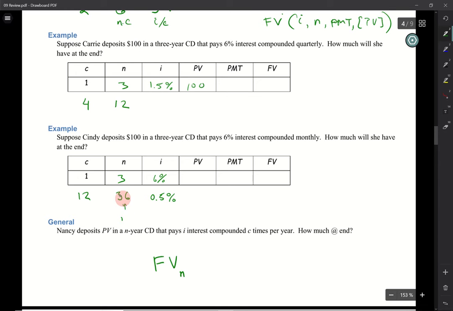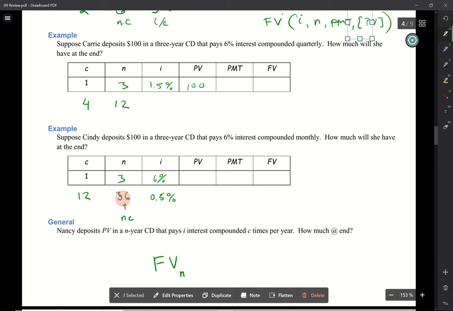And this is n times C, right? And this interest rate is really I divided by C, right? So we shouldn't put 3 years. We should put 36 periods. So the future value after 36 compounding periods, right, is equal to 1 plus I over C to the C times the present value.